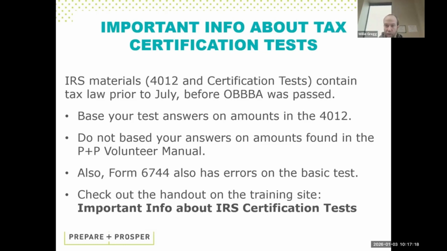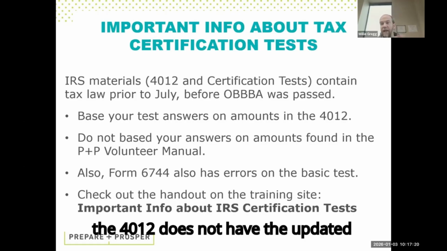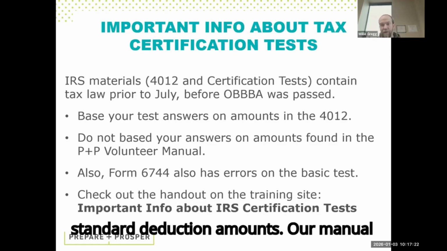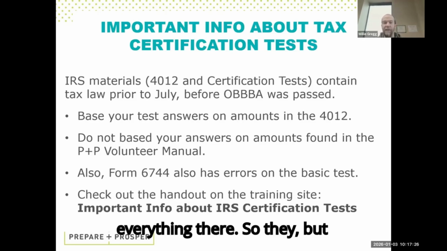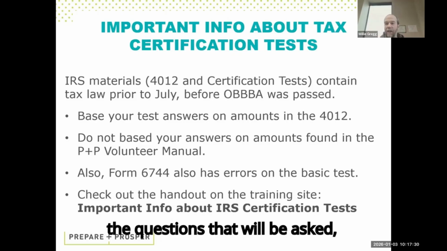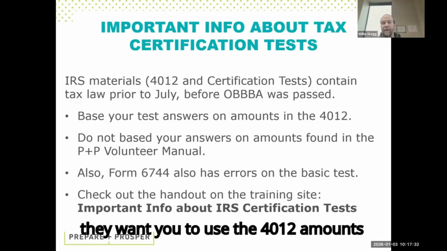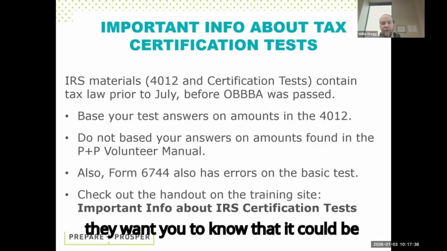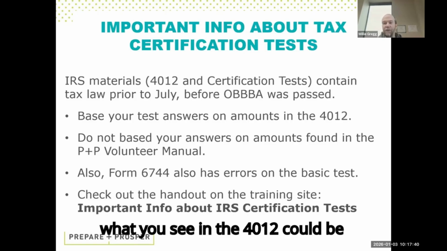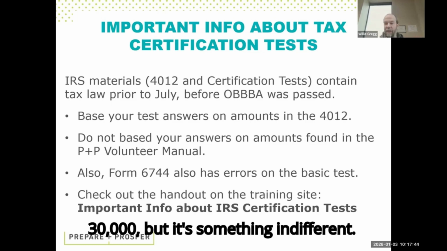So the 4012 does not have the updated standard deduction amounts. Our manual does, TaxSlayer does, everything there. But for the questions that will be asked, they want you to use the 4012 amounts rather than the updated correct ones, or they want you to know that what you see in the 4012 could be 30,000, but it's something different.